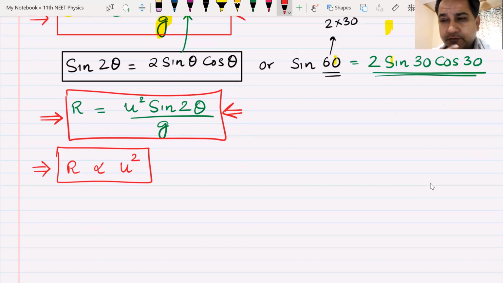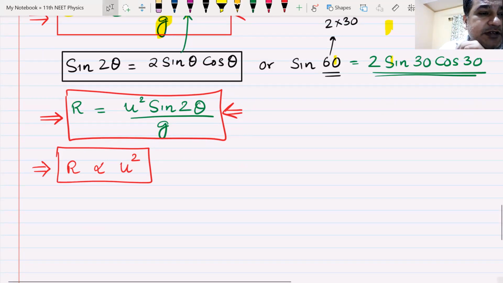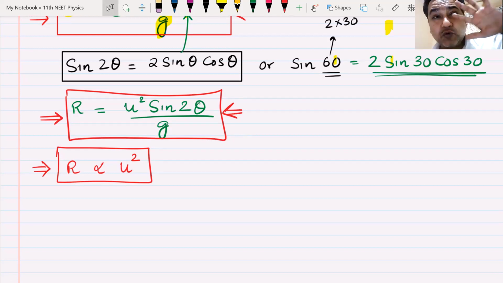Anyone? What will happen to the range if the velocity is made twice? Yes, Niharika, range will become 4 times. If the velocity is made thrice, range will become 9 times. If the velocity is made 4 times, the range becomes 16 times.